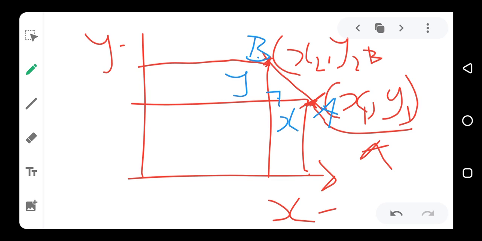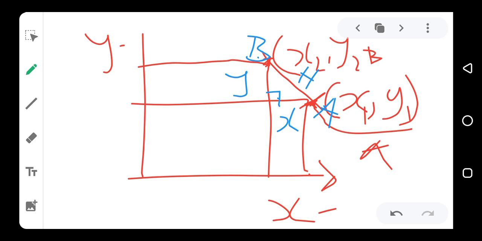Once we get the x side and the y side, then we can say that, let's call this side h, the distance between A and B, if you call it h as the hypotenuse, h squared is equal to x squared plus y squared.